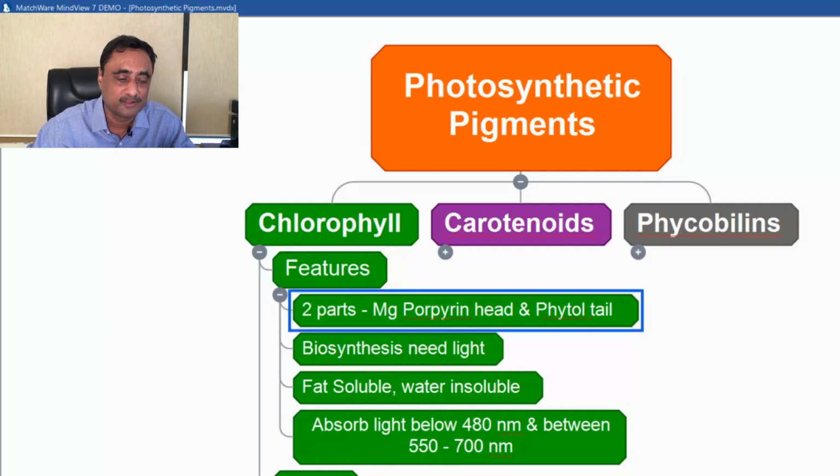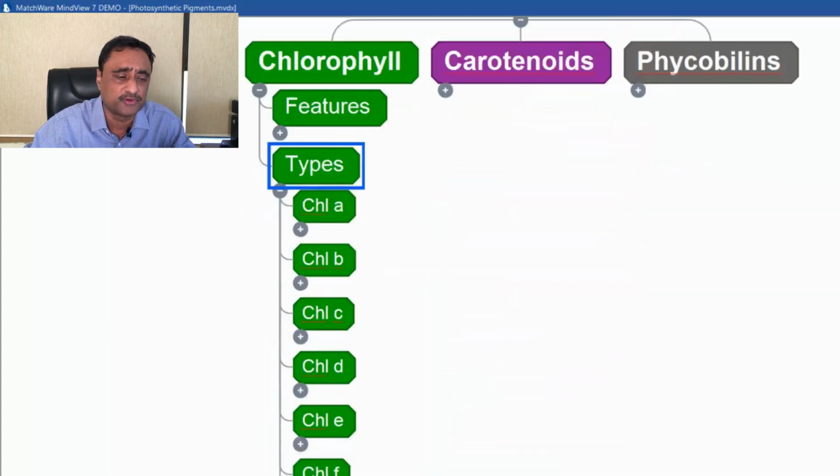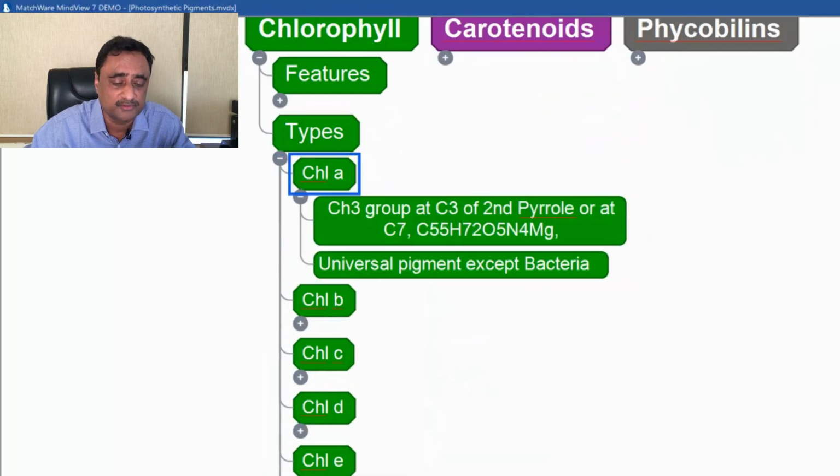Okay, now let's talk about the types. There are different types of chlorophyll molecules: chlorophyll A, chlorophyll B, chlorophyll C, chlorophyll D, chlorophyll E, even chlorophyll F, and the bacterial chlorophyll.